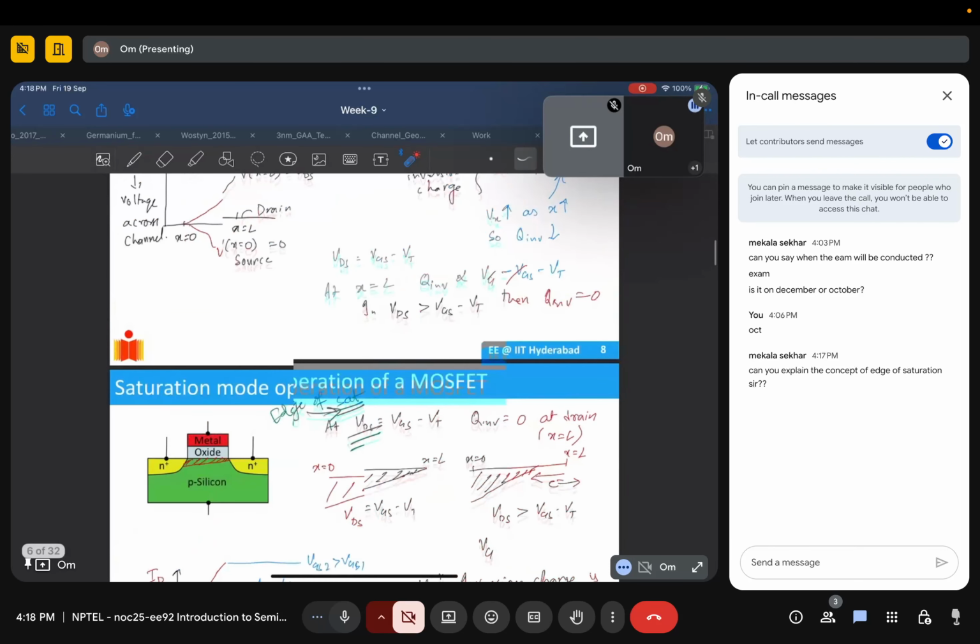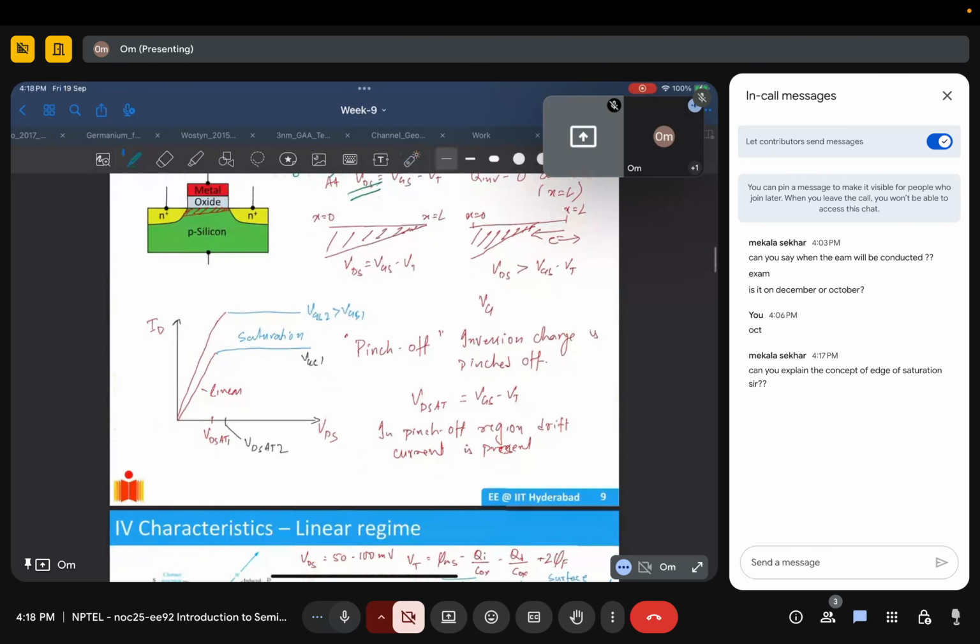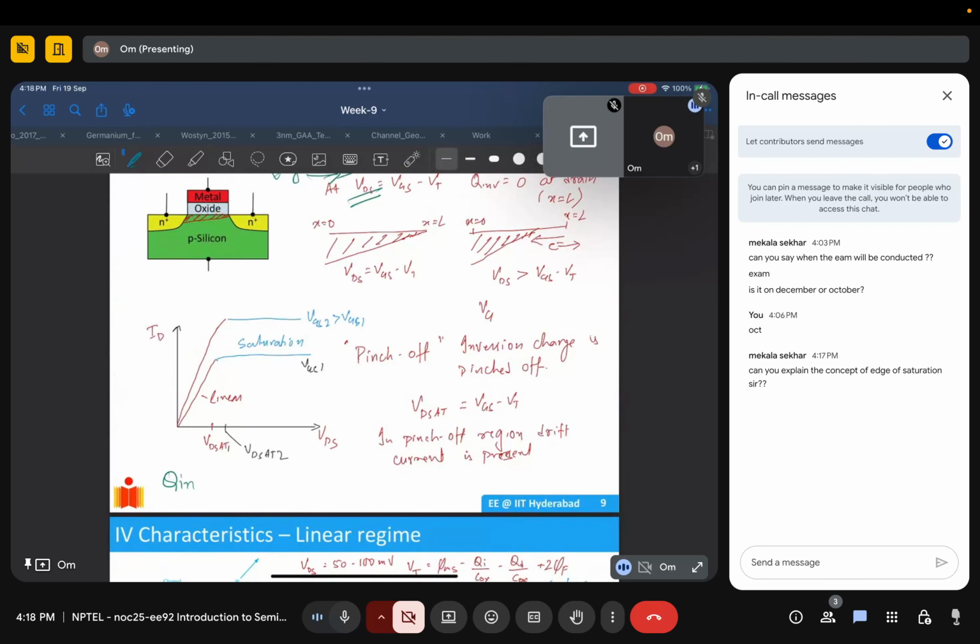Why this happens is, your inversion charge Q inversion is Cox times VGS minus VT minus VDS. Now, if VDS is also equal to VGS minus VT, the Q inversion will become zero. So that is what is happening here. This is called pinch off.